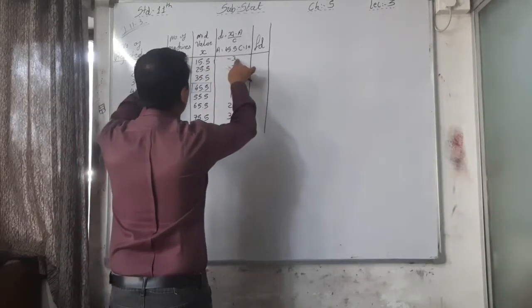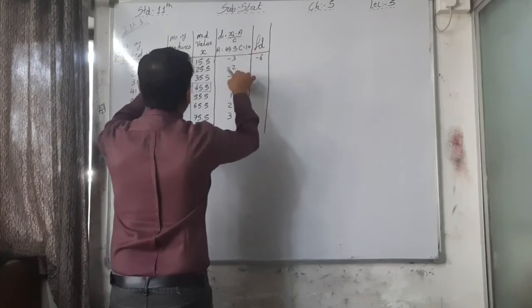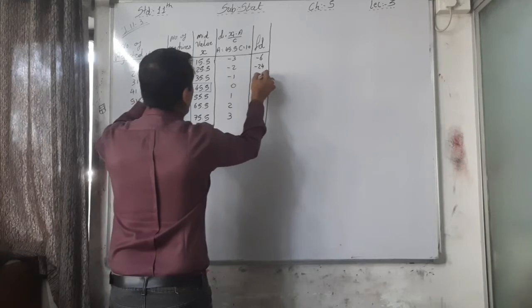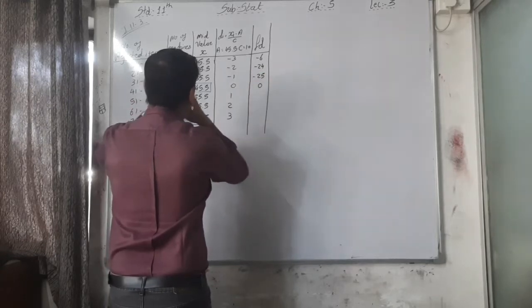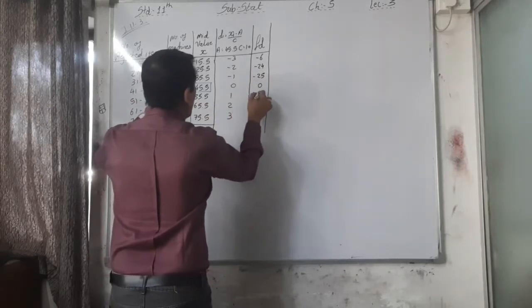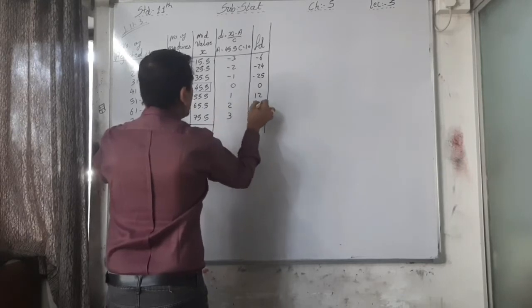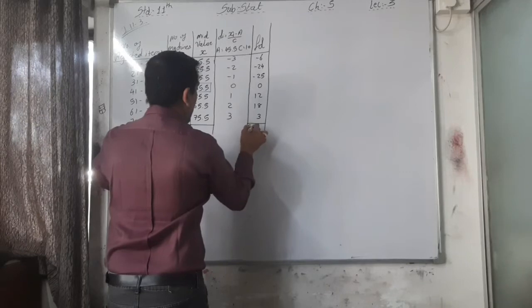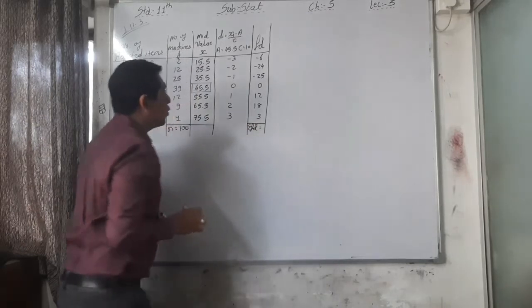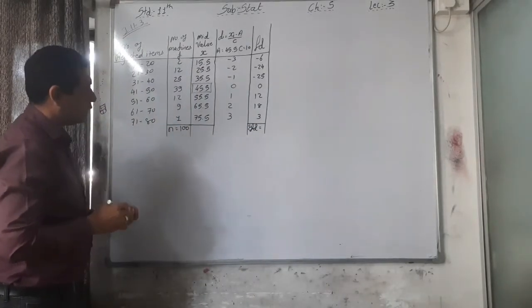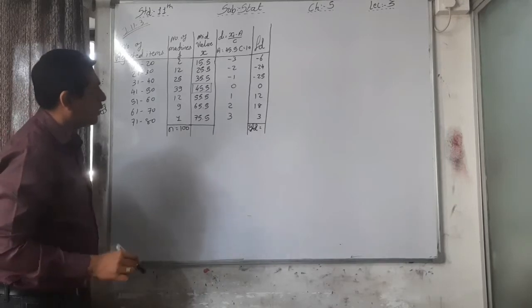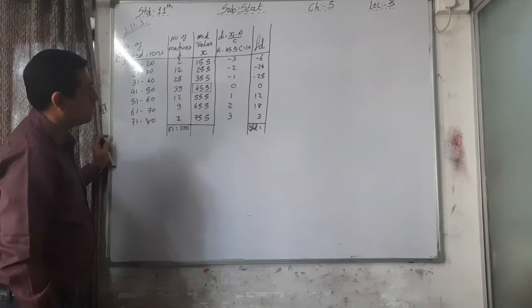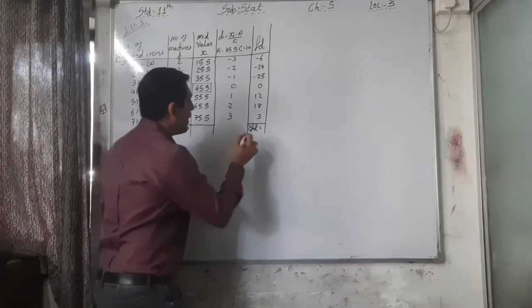Multiplication of these two, that is minus 6, minus 24, minus 25, 0, then 12, 18 and 3. Sigma FD is equal to minus 22.